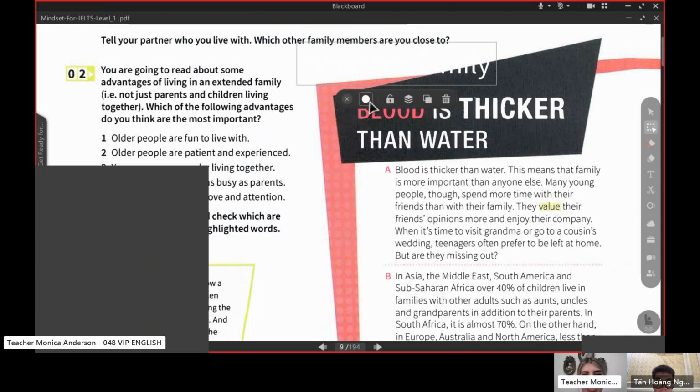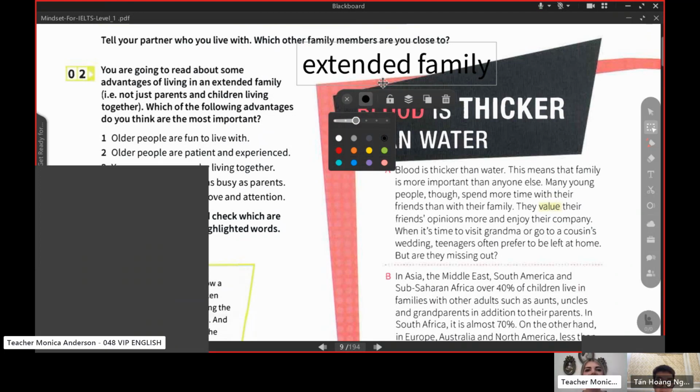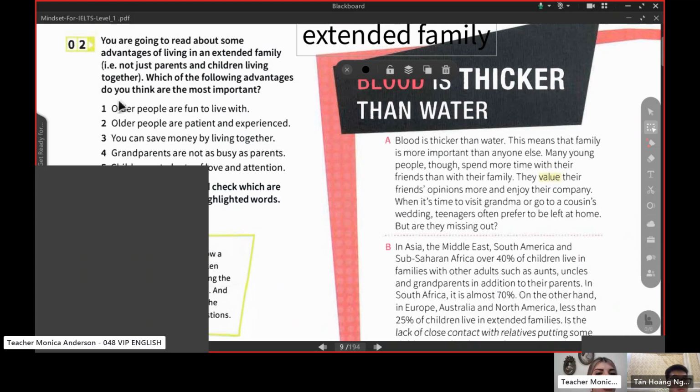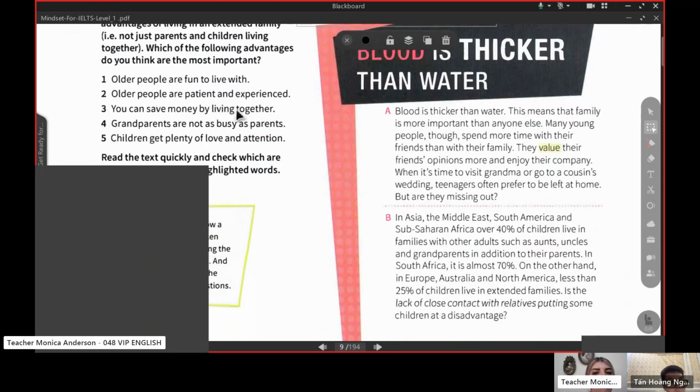We have an immediate family, the closest family, and an extended family, which includes grandpa, grandma, sometimes aunts. So let's read about advantages of living in an extended family, not just parents and children. Which of the following advantages do you think are the most important?